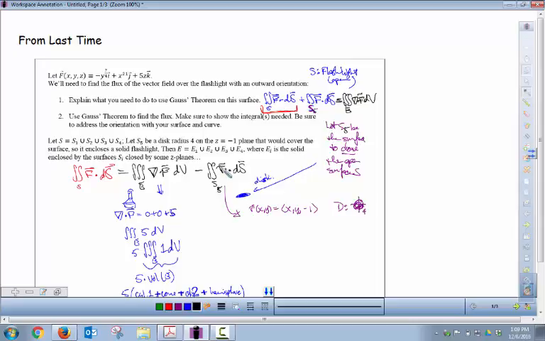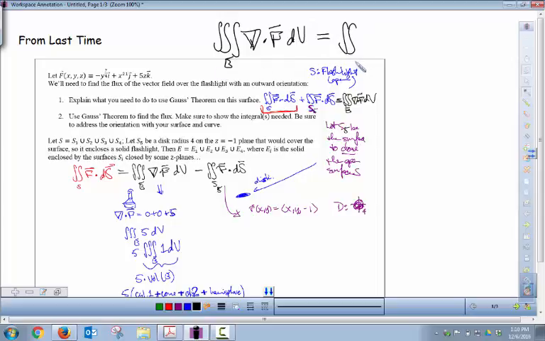So this would be Gauss's theorem right here. Gauss's theorem looks like this. I'm going to write it slightly differently, with the triple integral first, and then this becomes a double integral.